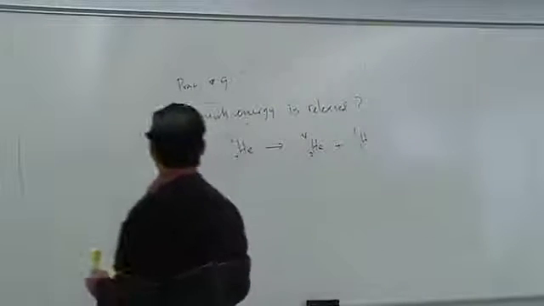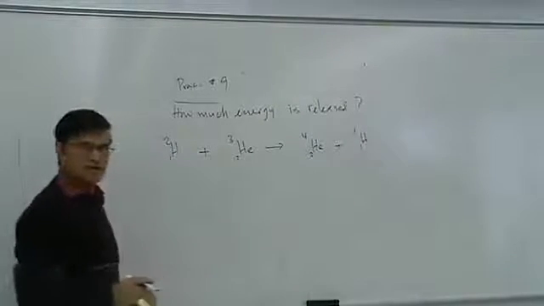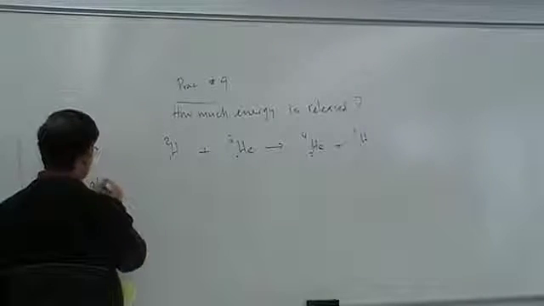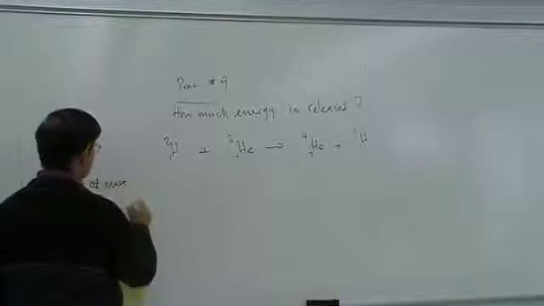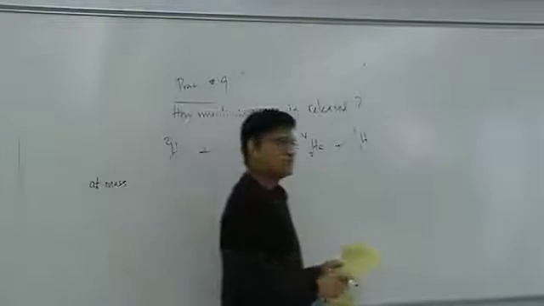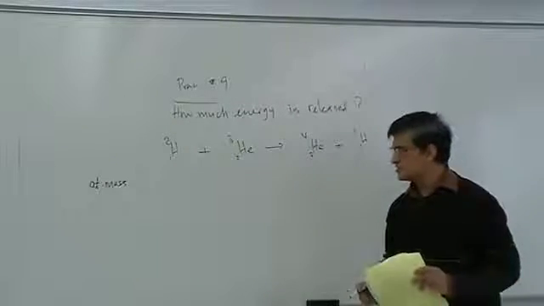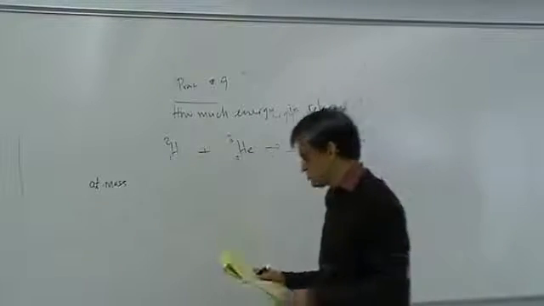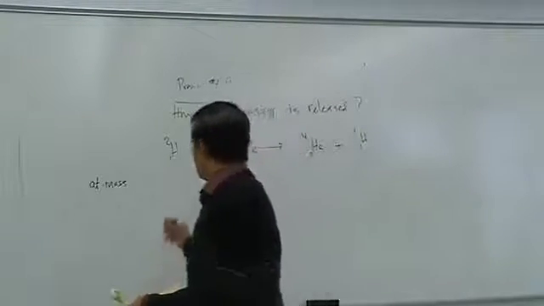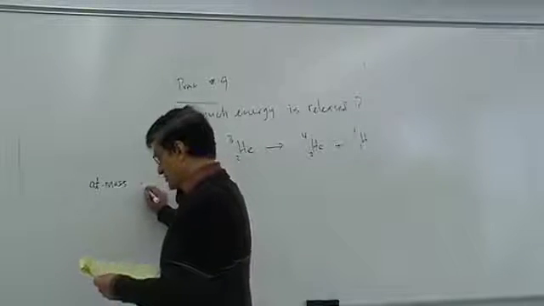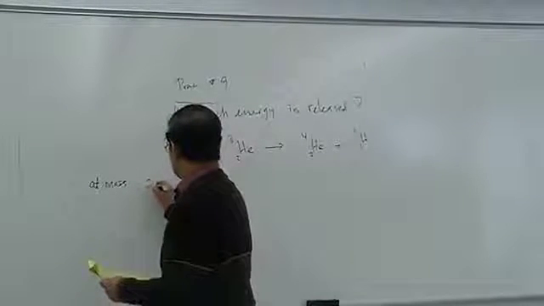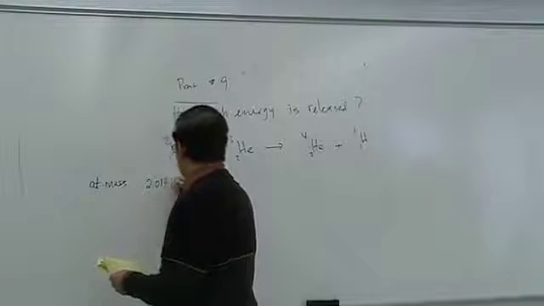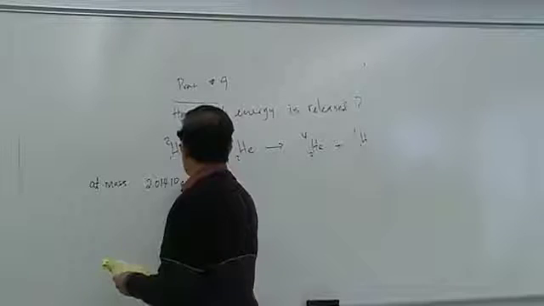Now if I give you a reaction like this, I must give you the masses. So you have to read carefully whether those are atomic masses or nuclear masses. Most of these problems would have atomic masses. Atomic masses means that it has electrons in addition to the protons and neutrons. So I'm copying these numbers from the book: for this it is 2.01410 atomic mass units, AMU.